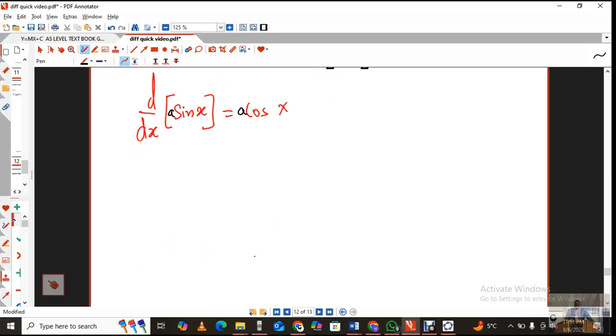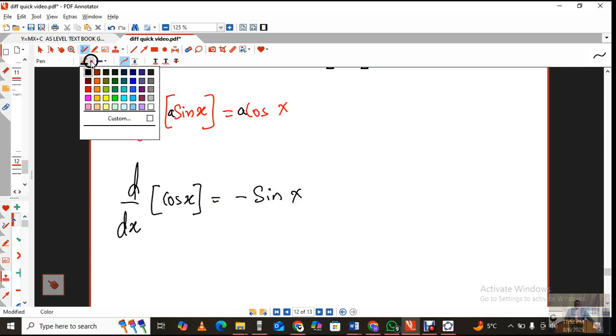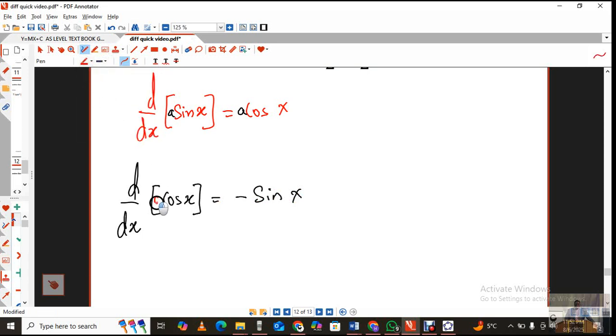If you were to do d by dx, or the derivative of the cosine function, then the derivative of that is minus sine x. Again, the same applies if you had another constant in there.